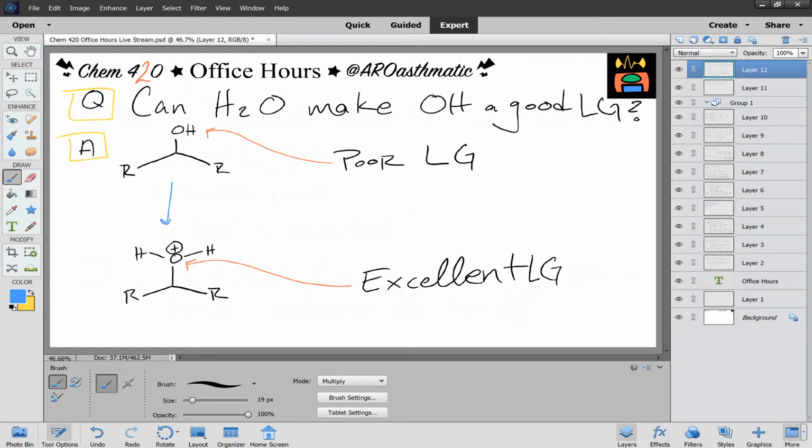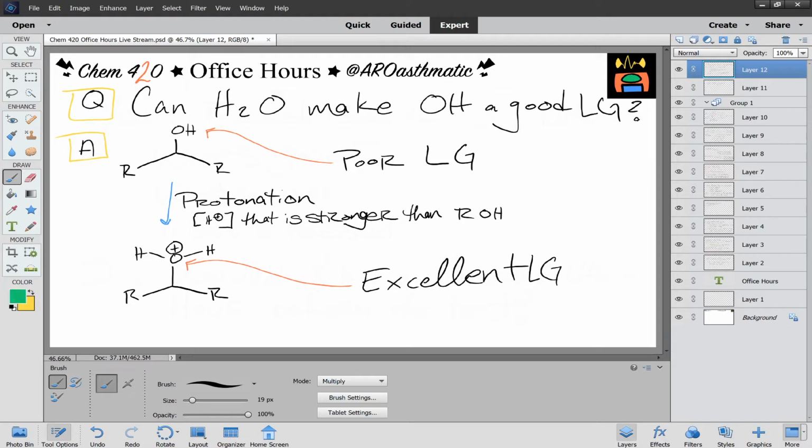And the answer is the way you turn your poor leaving group into an excellent leaving group is through protonation. And you need an acid, you need a proton source that is stronger than the acidity of an alcohol.